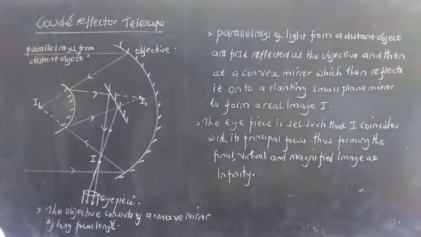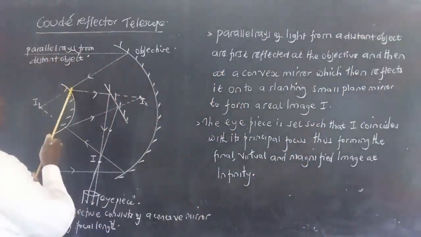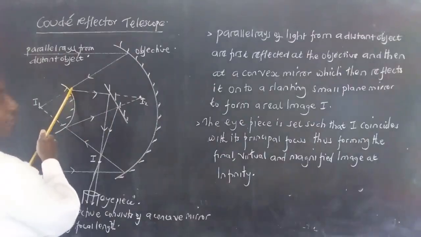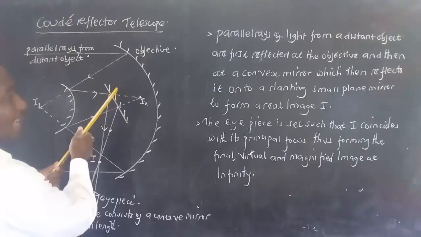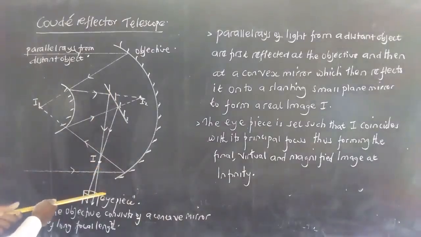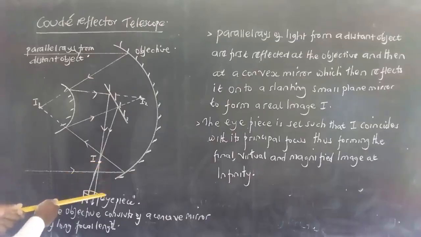Parallel rays from a distant object are first reflected at the objective, then to the convex mirror, which then reflects them onto a small plane mirror to form a real image I. The eyepiece is set such that the image I coincides with its principal focus, thus forming the final image at infinity, which is magnified and virtual.